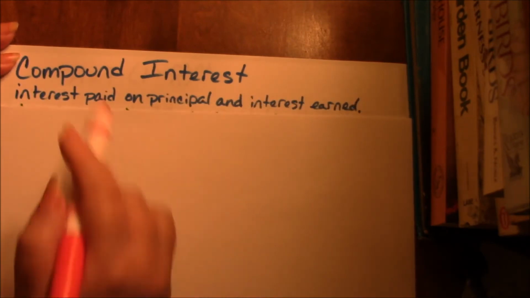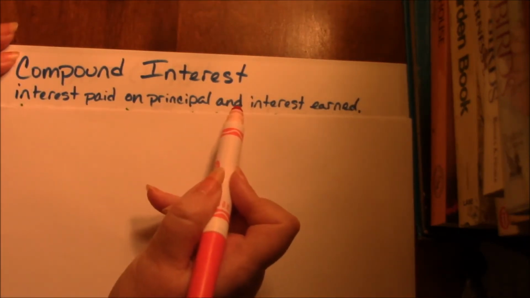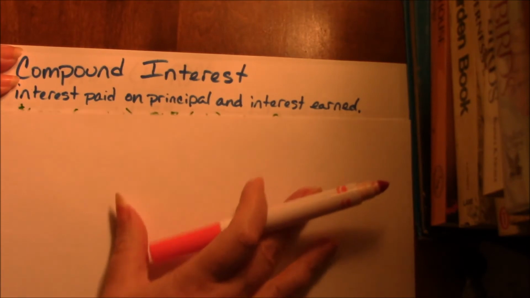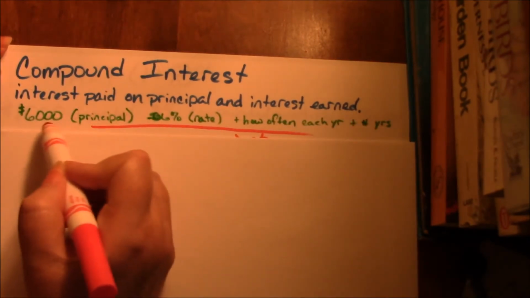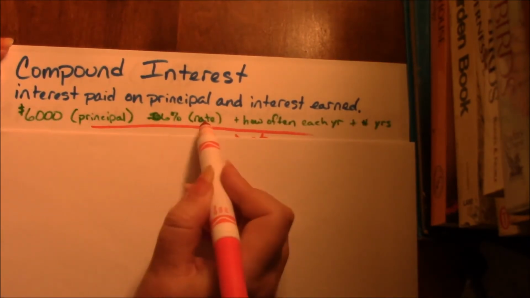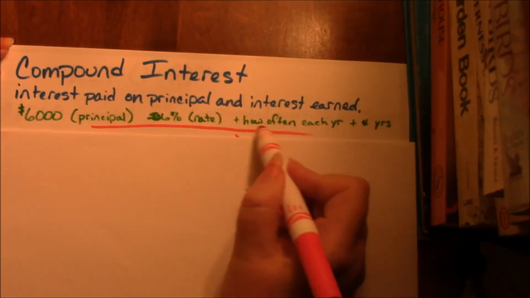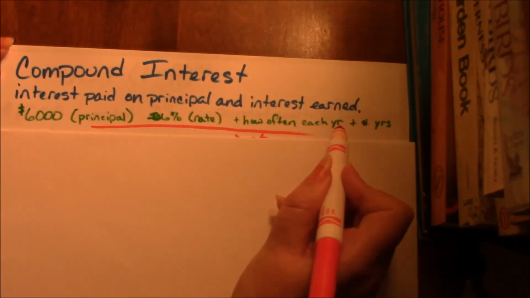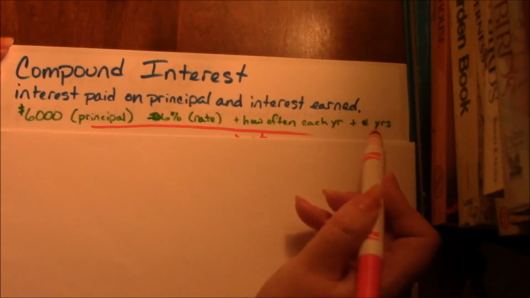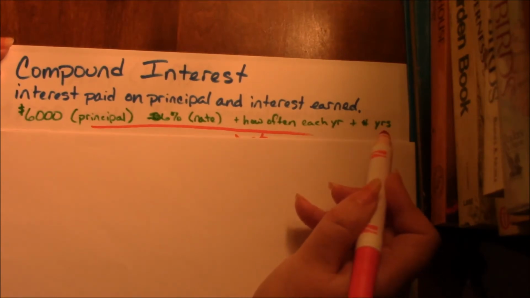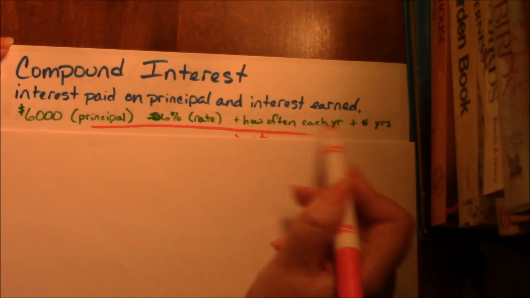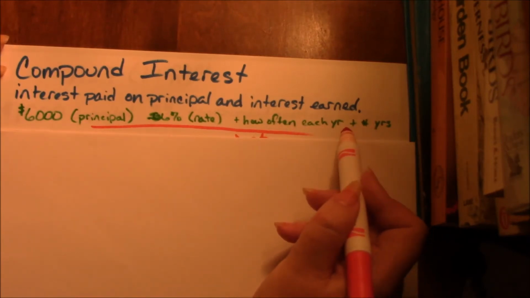Compound interest is interest paid on principal and the interest earned. So for example, I'm going to put in, say, $6,000 and I get a rate of 6%, but maybe it does it quarterly, which means 4 times a year, and I leave it in there for 7 years. So it gets a little more complicated, which just means that there's more parts to our formula.